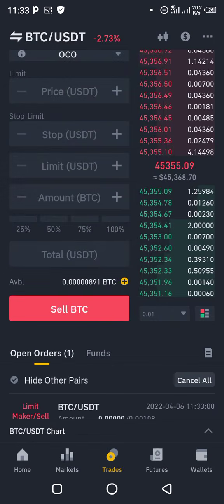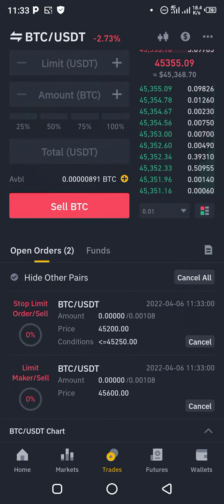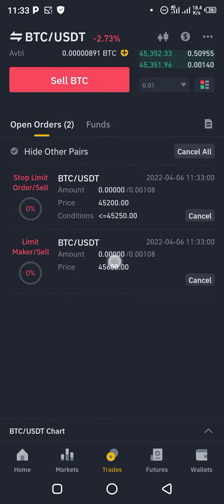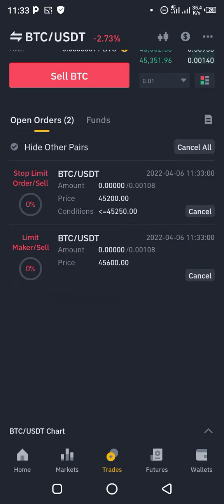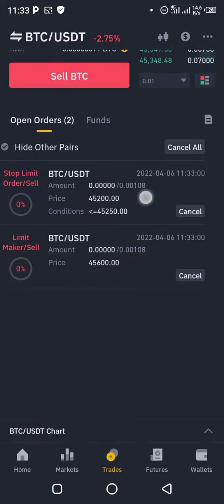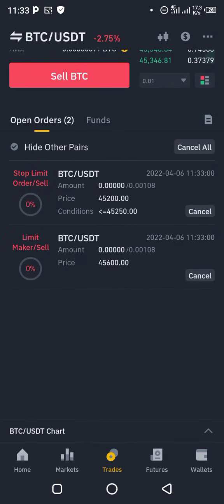Place the sell order like this at a click. Success. Now it's going to appear right here in our open orders. You can see we have two orders. The first order here is telling us that the price is set at 45,200. But the condition here is telling you that if the price gets to 45,250, they are going to sell your BTC at 45,200.